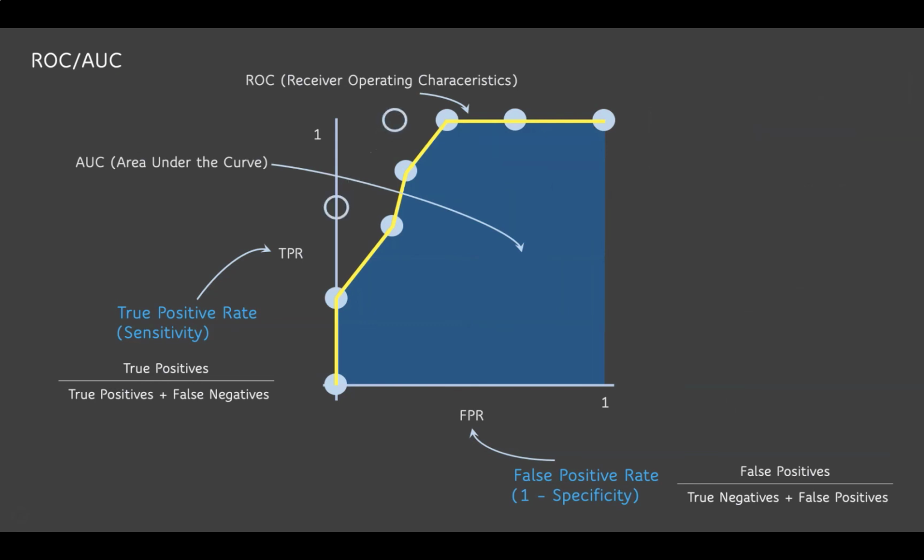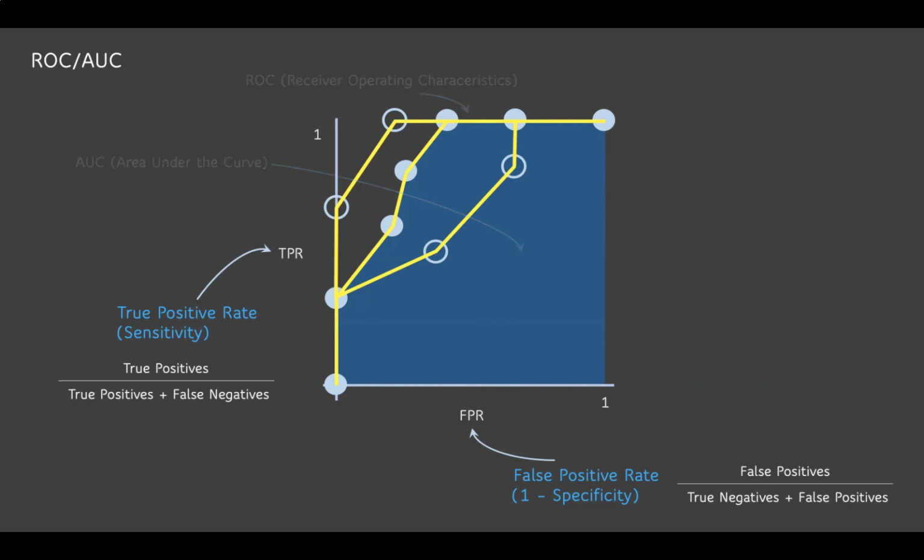So, if we have alternative models, maybe built by alternative algorithms, we could plot all of the ROC graphs on top of each other and figure out which has the largest area under the curve. One model has a larger area under the curve while the other has a smaller area. As we have discussed, we want to select the best model which has the largest area under the curve.